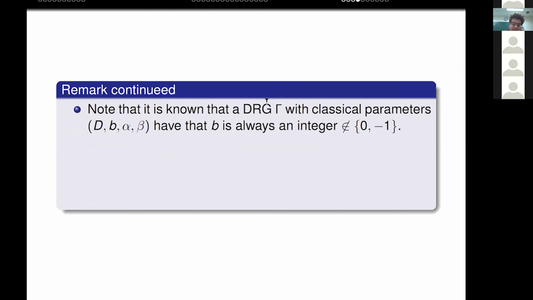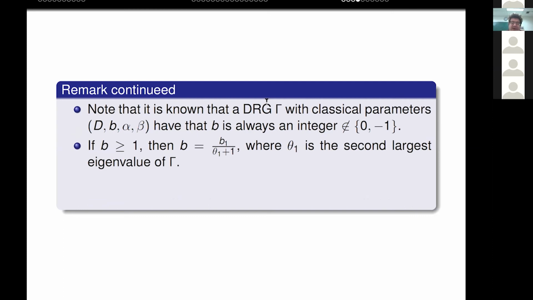Note that it's also known that a distance regular graph gamma with classical parameters has that b is always an integer, but not equal to 0 or minus 1. If b is at least 1, then b is equal to b1 over theta1 plus 1, where theta1 is the second largest eigenvalue of gamma.